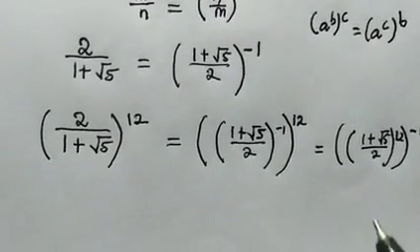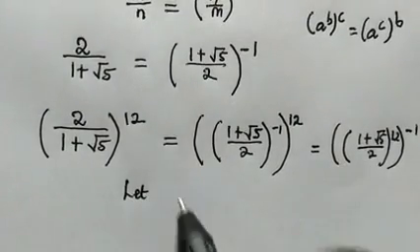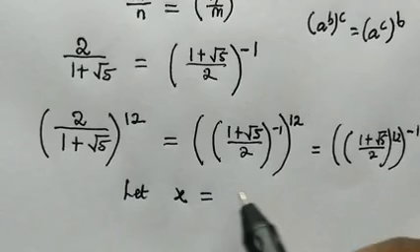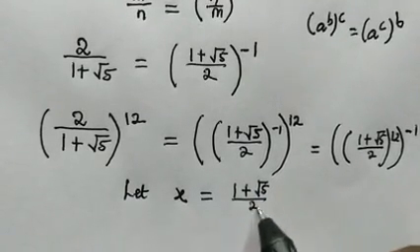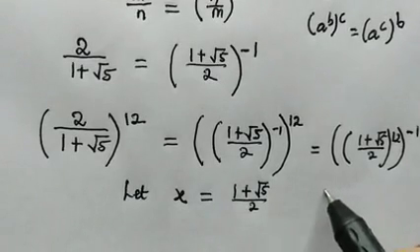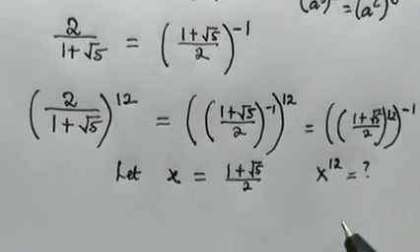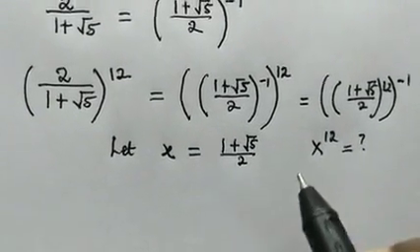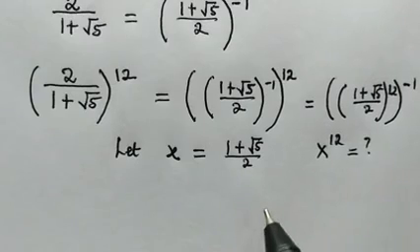So now we're going to call the golden ratio x. So we're going to let x equal 1 plus root 5 divided by 2. So our next target is to get the 12th power of x, right? Okay, now to solve this problem, let us recall this amazing formula from Fibonacci, right?